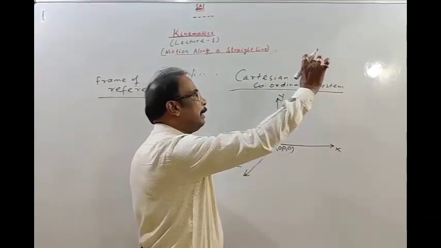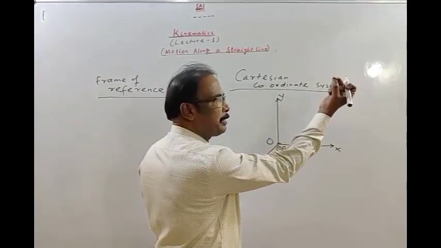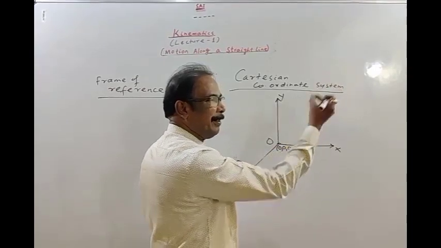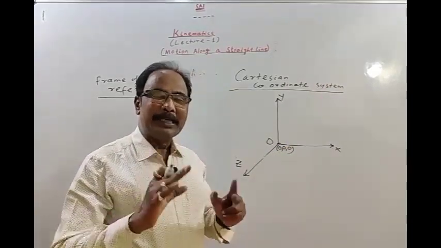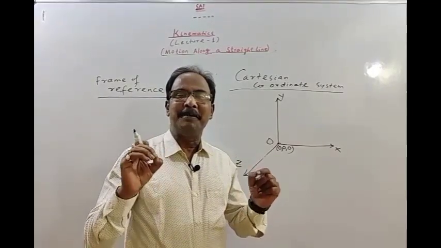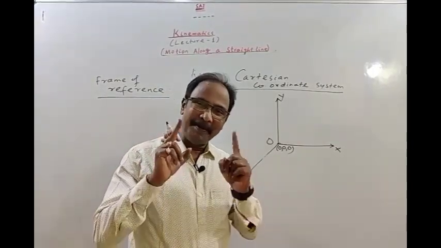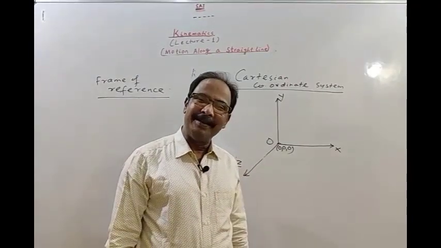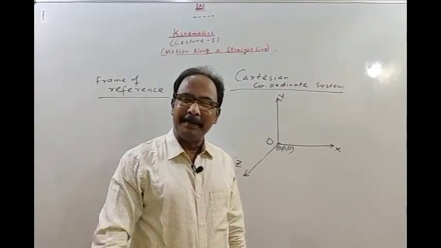Let's consider an event or an object in space. Then the position can be determined with the help of the position vector. You know it from vectors. So what is a position vector?